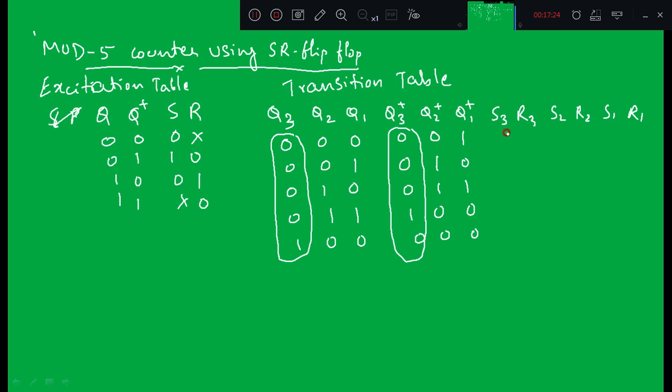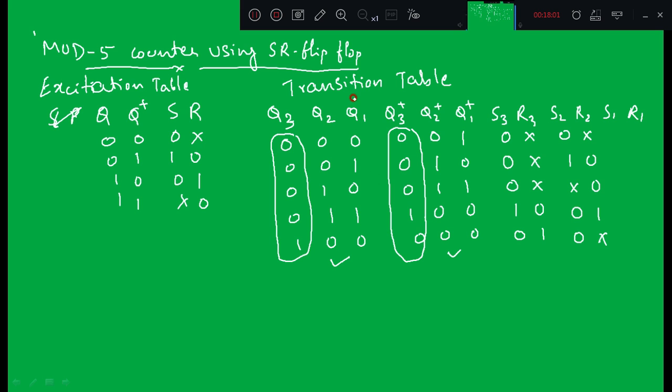So 0 0 0 don't care, 0 0 0 don't care, 0 0 0 don't care, 0 1 1 0, 1 0 0 1, right? Next Q2 and Q2 plus: 0 0 0 don't care, then 0 1 1 0, then 1 1 don't care 0, then 1 0 0 1, 0 0 0 don't care, okay?